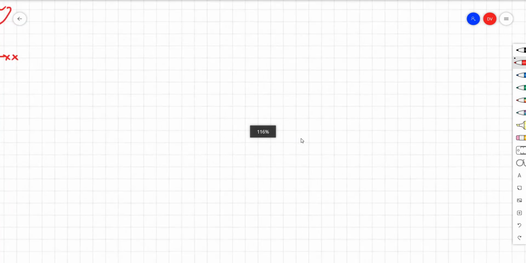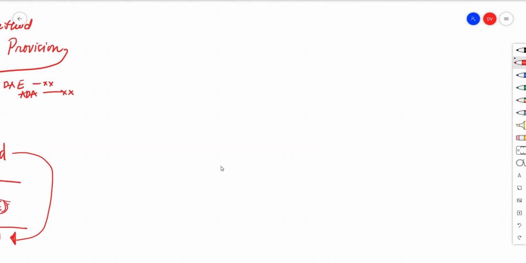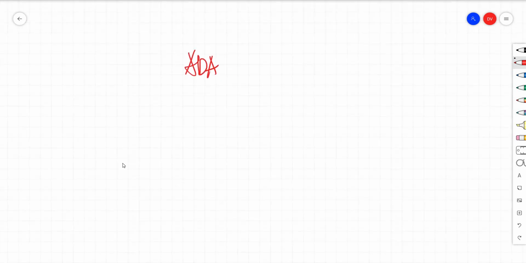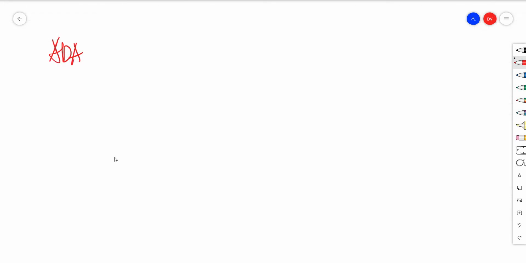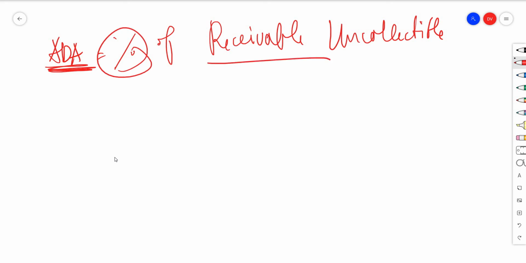So how do we define allowance for doubtful accounts? So, ang allowance for doubtful accounts, ito daw yung percentage of receivable na hindi mo na makokolekta, uncollectible. Okay? So, following that scenario, ibig sabihin yan, ang allowance for doubtful accounts mo daw, ito ay percentage ng receivable na hindi mo na makokolekta.